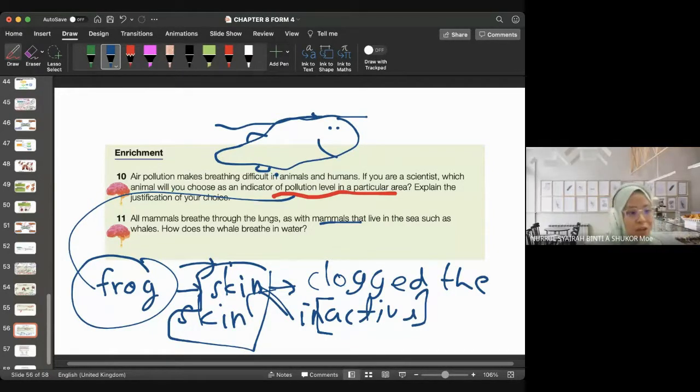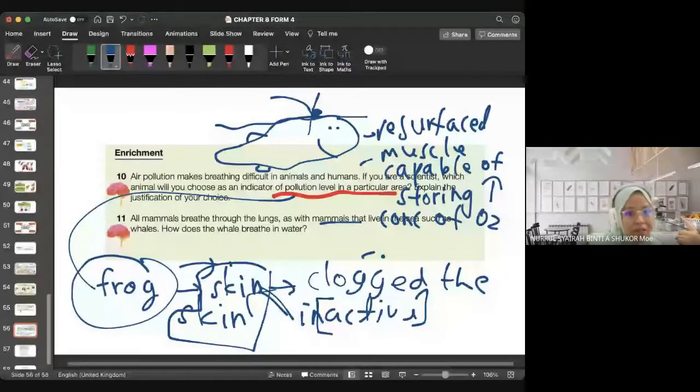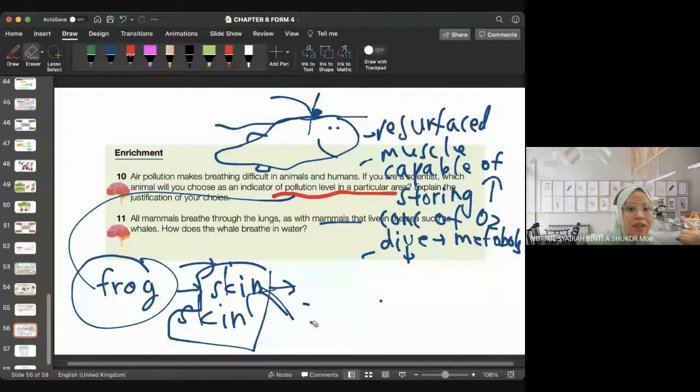Okay, I also didn't know how whales breathe. Basically, they have an opening here that inhales all the oxygen. Alright, that's the first part. You can say they will resurface to inhale oxygen. Alright. Number 2, muscles capable of storing high concentration of oxygen. Number 3, when they dive, their metabolism is reduced. Right, why is the metabolism reduced? Here you must say to reserve oxygen.